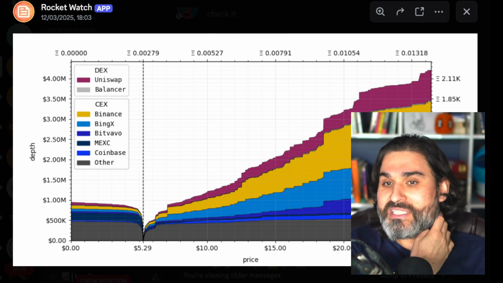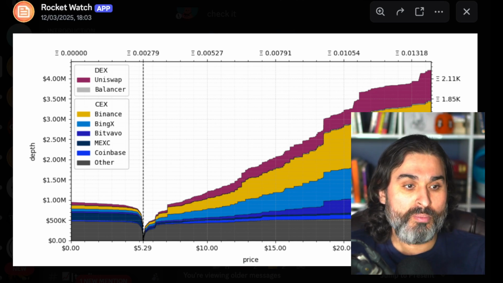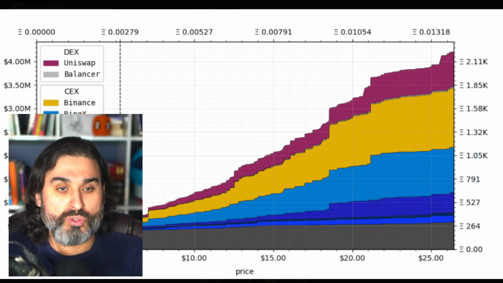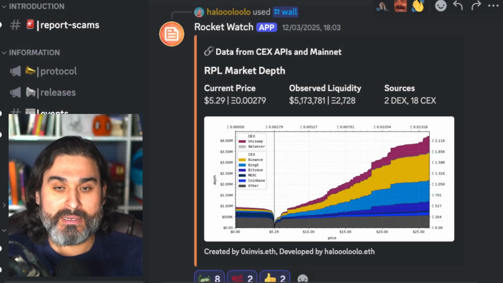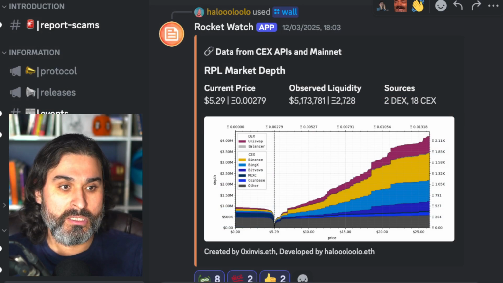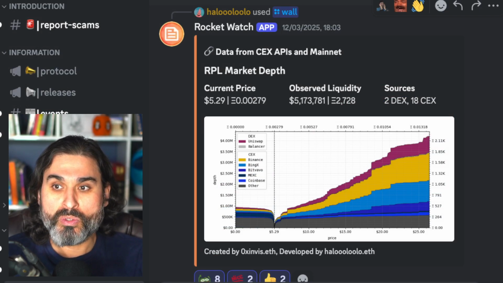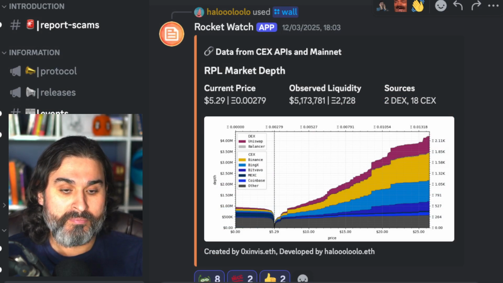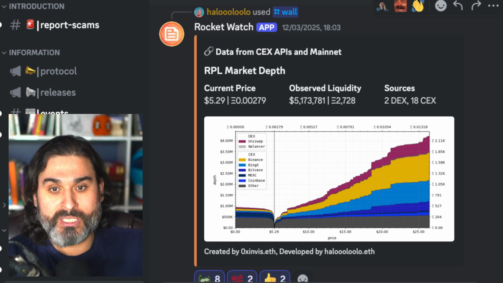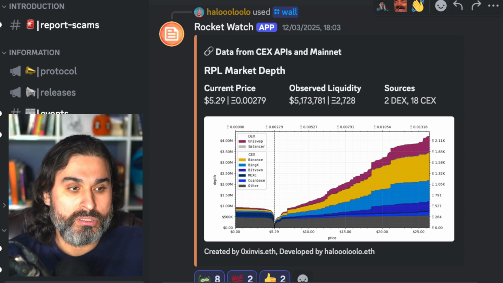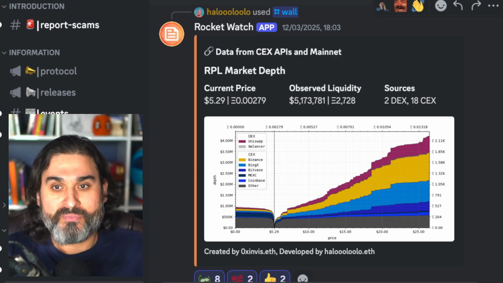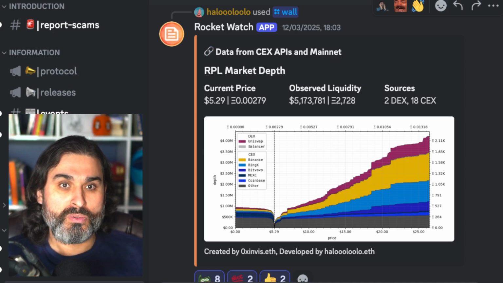So you can see the output here of the new wall command and get some really good information. This was a really nice tool developed by Halulu, and it's absolutely awesome the work Halulu's been doing with Rocket Watch, making some of the outputs better and adding new outputs as well. So great stuff, Halulu.